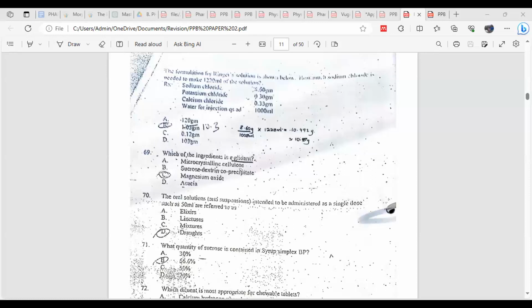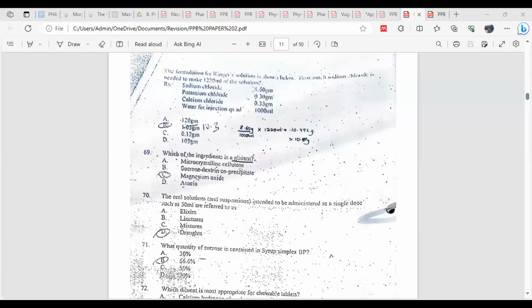Let me check the components in a tablet. A glidant enhances flowability of powder, an additive reducing interparticle friction.